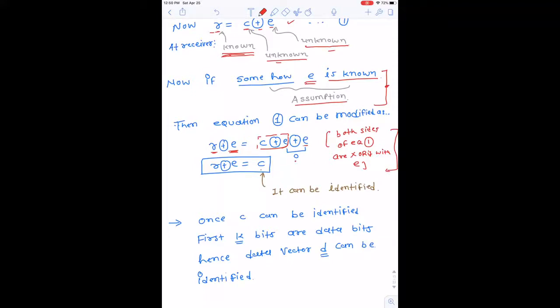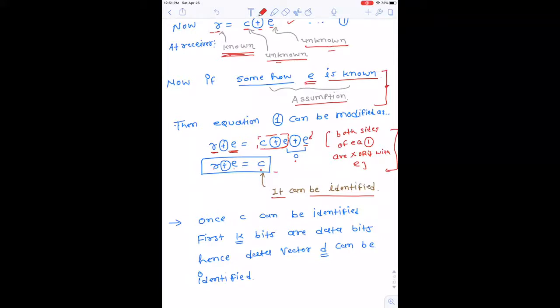So you get C back on the right side, and on the left side R XOR E gives C. So now you can identify C. But the requirement here is that E should be known. The main conclusion is that at the receiver, we have to do some process on the receive vector R to obtain E first, and once E is known, XORing R with E will directly give us the value of C.